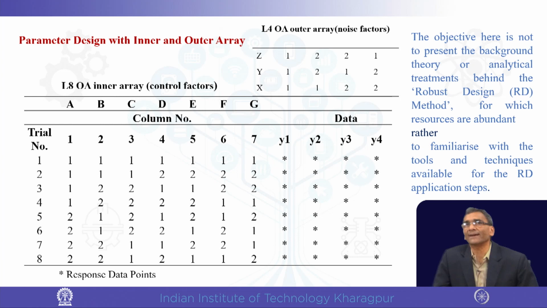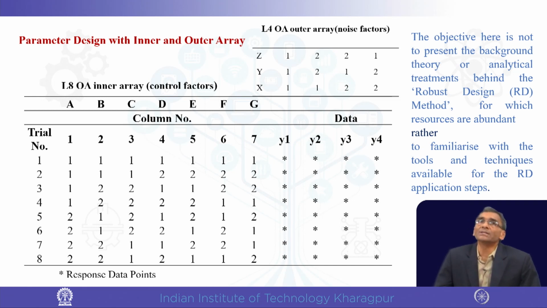Suppose there are 3 noise factors at 2 levels each. So, it will be 4 treatment conditions, and in the control array you have 7 factors at 2 levels, so there will be 8 treatment conditions. When I combine these two, we get this parameter design layout.